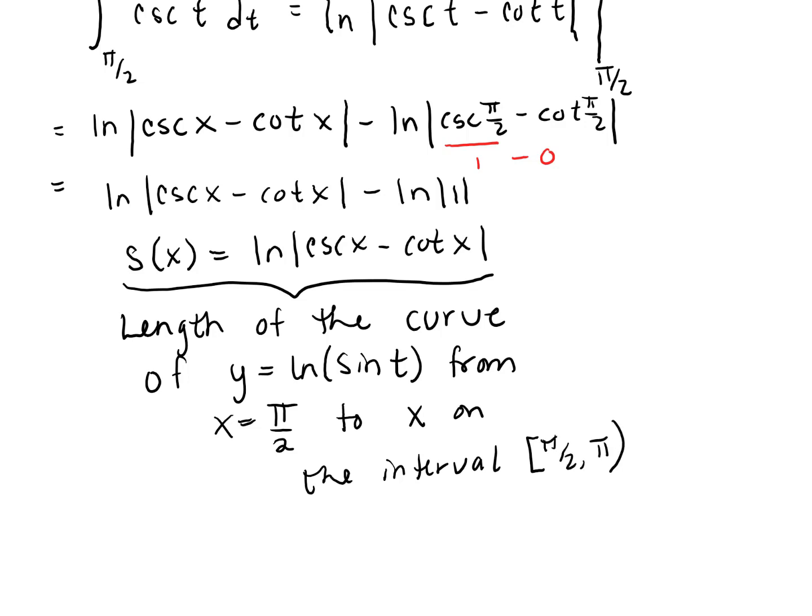All right, so that's what that actually represents. We now have a function, so I could plug in any x that I wanted on that interval, and it would tell me what the actual length of that curve is.